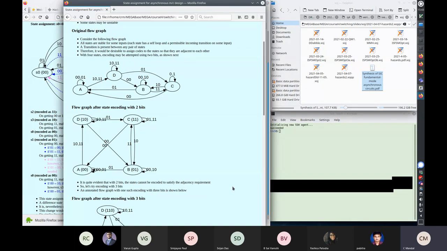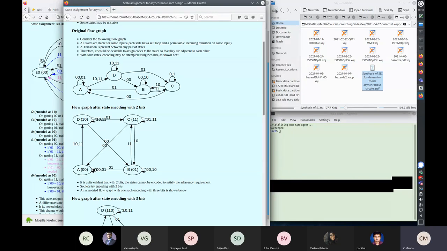So what we have done is, in this case, we have just tried to embed this into, well, we have got four states here.